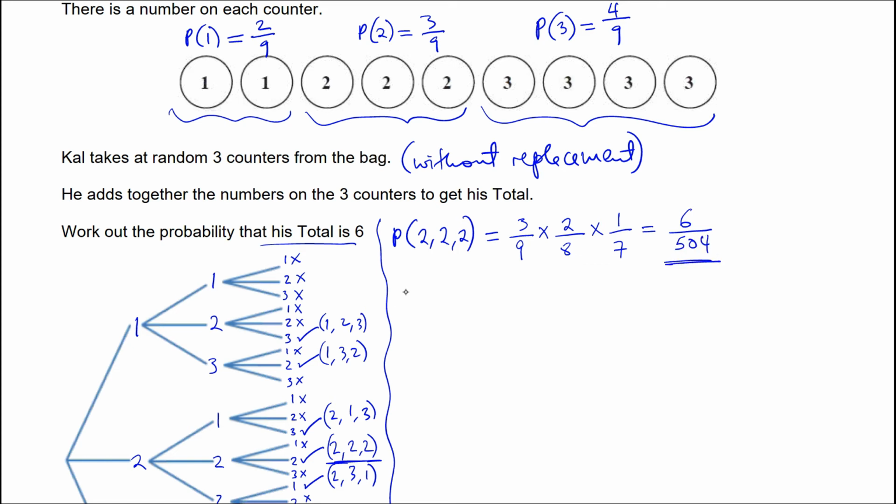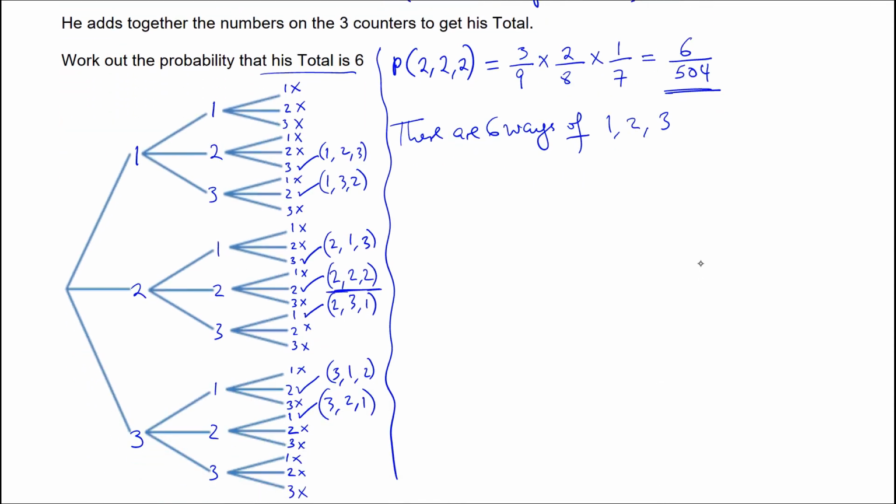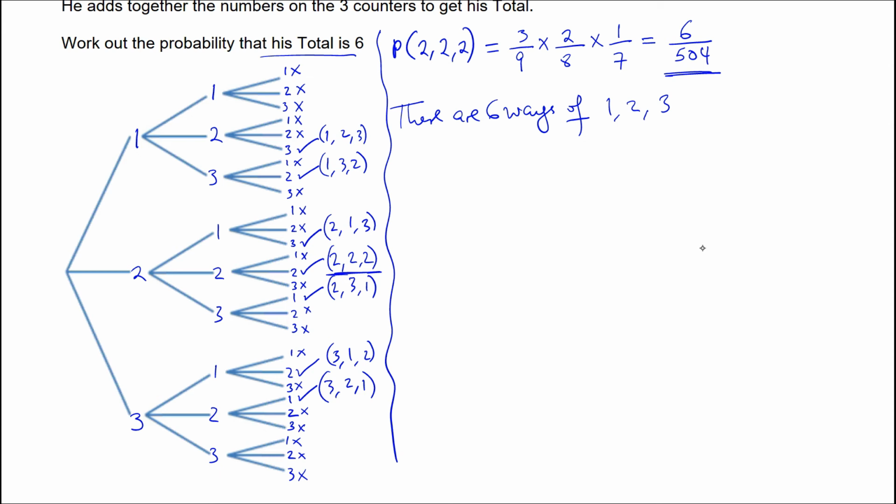Now for the others, there are 6 ways of getting 1, 2, or 3. So basically, we don't have to work out the probabilities of each branch.